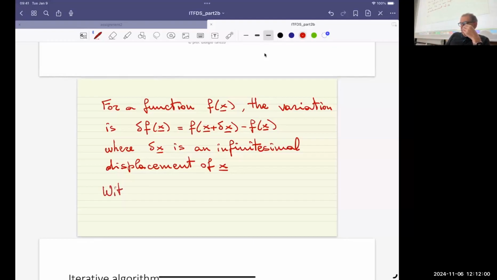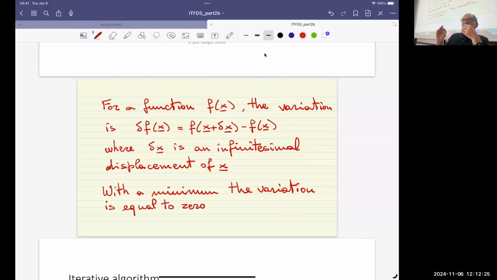So with a minimum, the variation is equal to 0. But this is not all. It's equal to 0 for every delta x. Why is this important?